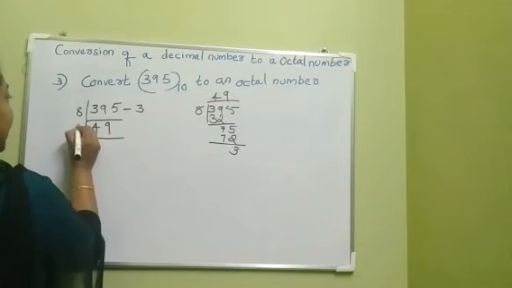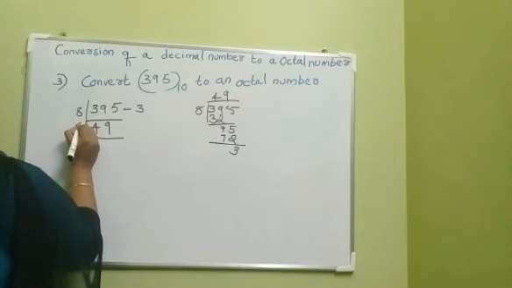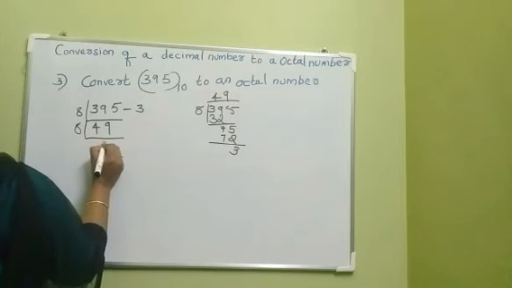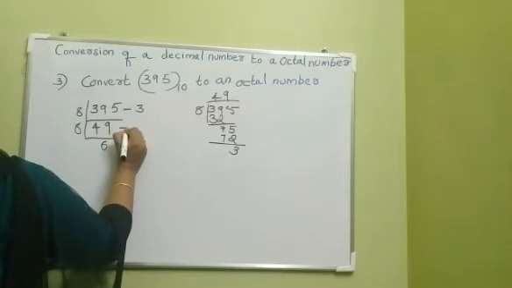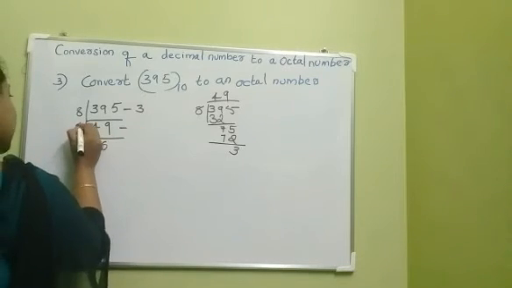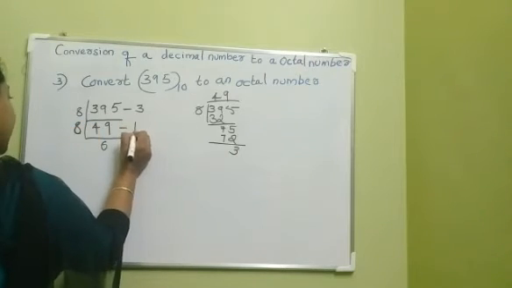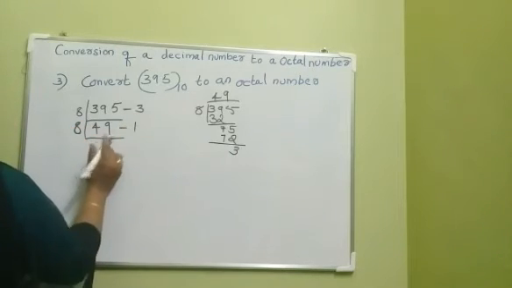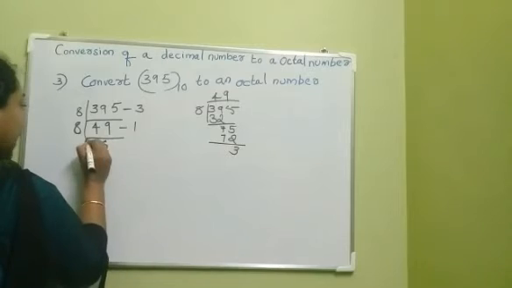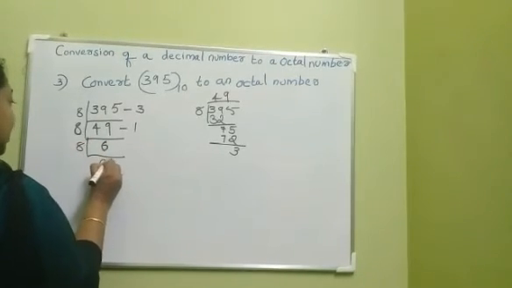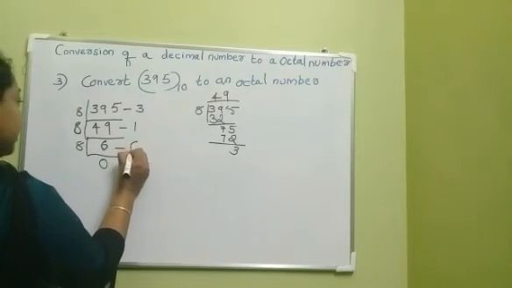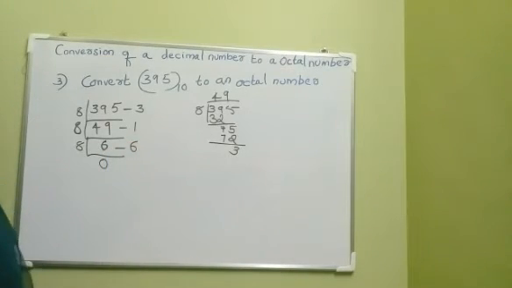Again divide by 8. 6 eights are 48 and the remainder is 1. Then 6 divided by 8: the quotient is 0 and the remainder is 6.